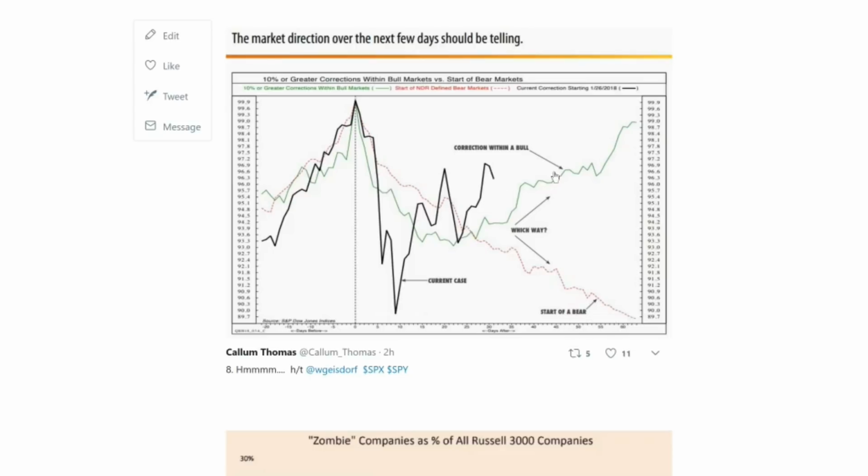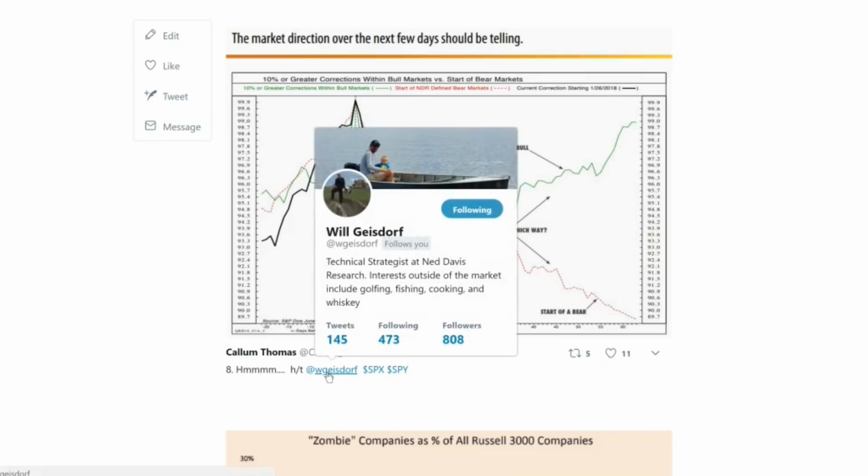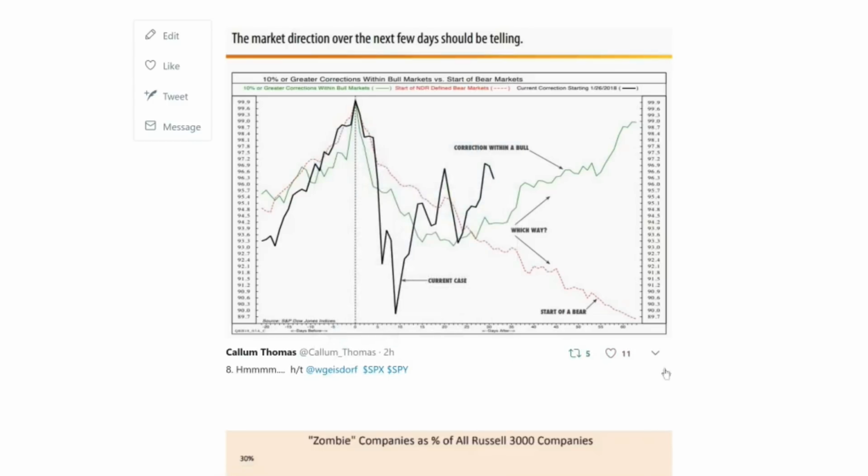The green line is what happened on average during a 10% or greater correction within a bull market, and the red line is what it looks like at the start of a bear market, as defined by Ned Davis Research. That was posted by Will, and it's very worthwhile following that account. So it's looking more like the start of a bear market, not strictly on this chart alone.